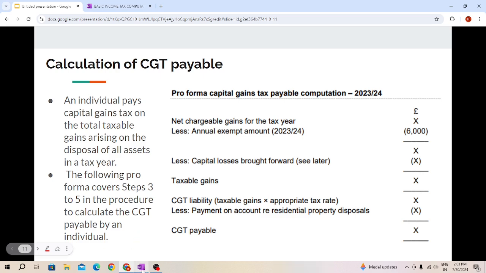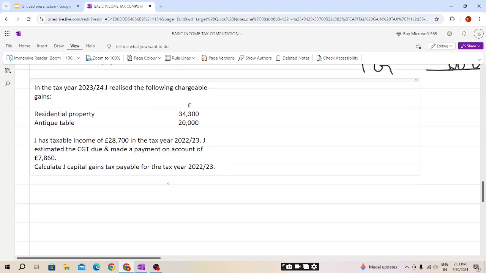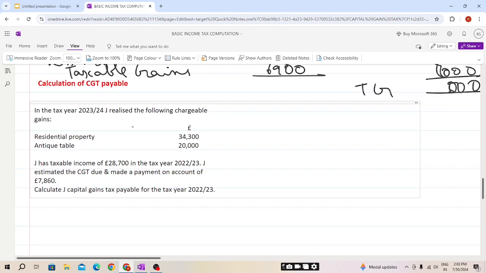Now we will be doing a question so that we have a better understanding, students. Calculation of CGT payable. In the tax year 2023-24, J realized the following chargeable gains. Residential property 34,300, the gain amount they have given. Antique table 20,000. J has taxable income of 28,700 in the tax year 22-23.